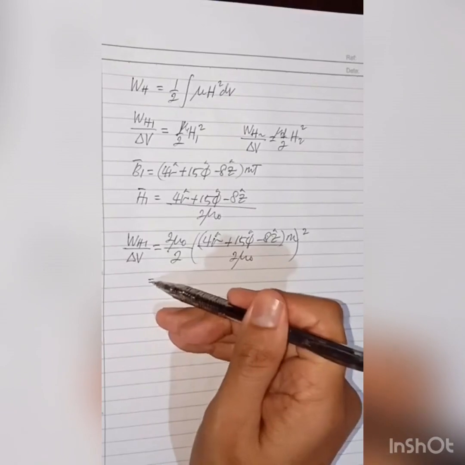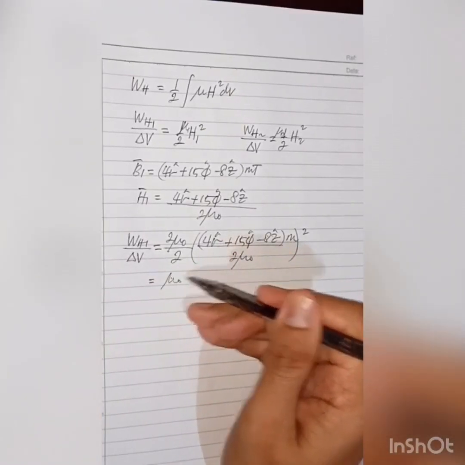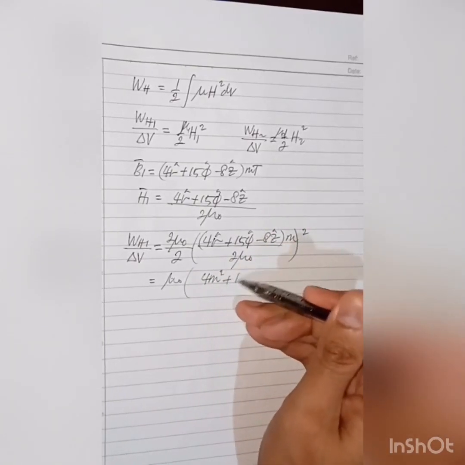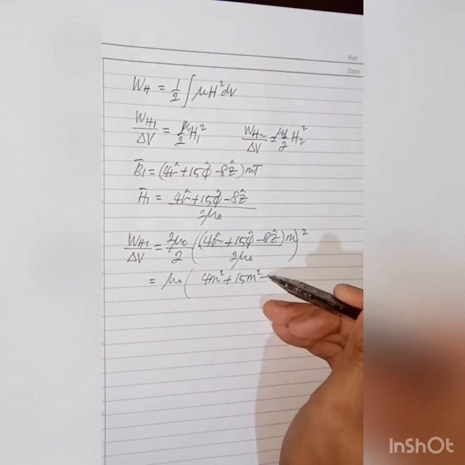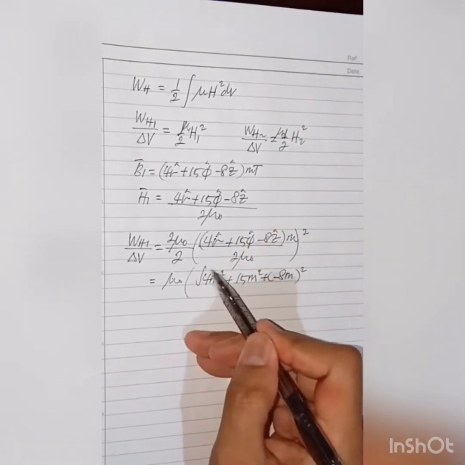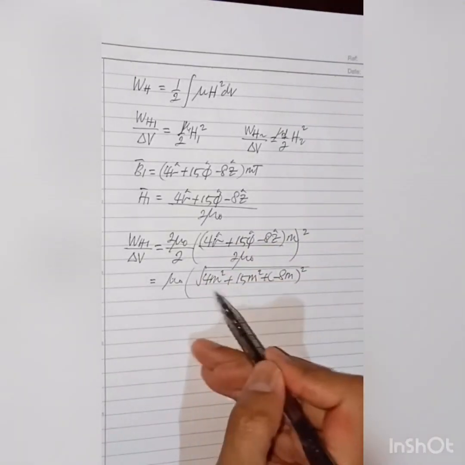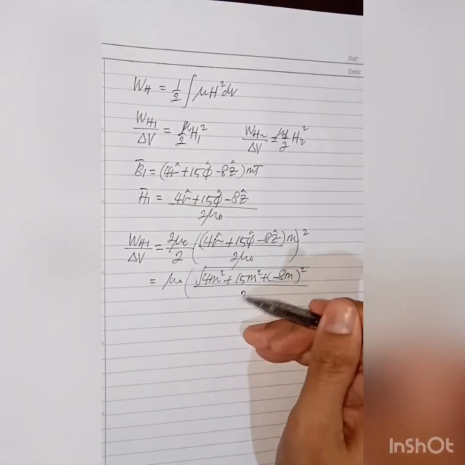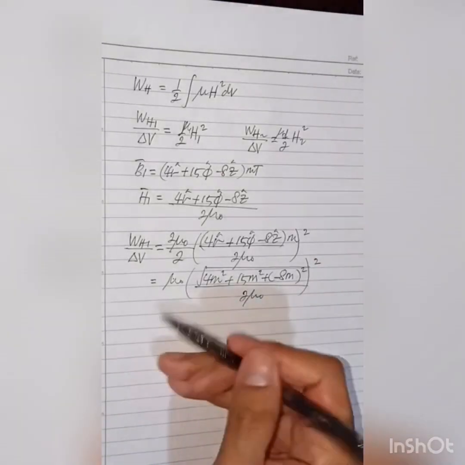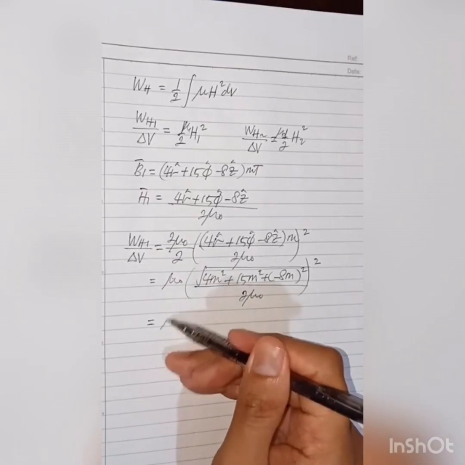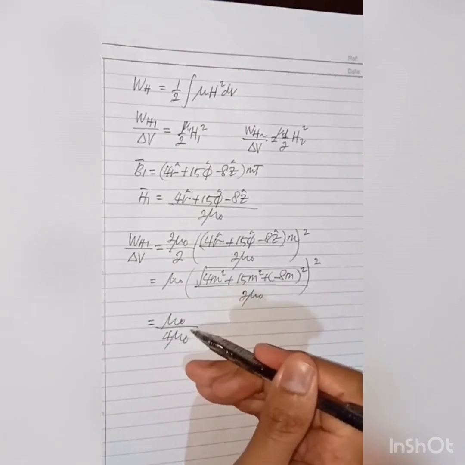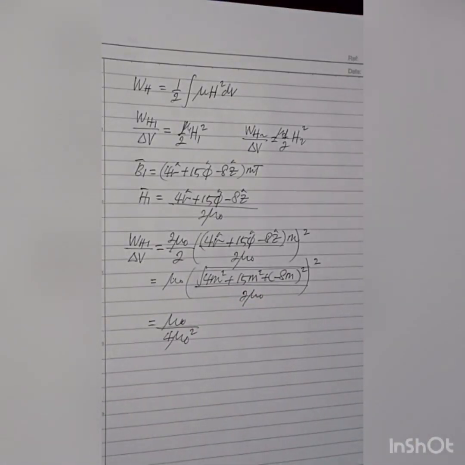Again here we have mu naught, and then 4 milli squared plus 15 milli squared plus minus 8 milli squared, and then we have square root to take the magnitude, right? And then over here 2 mu naught. Lastly we have to square all of them. So now we are going to have mu naught over 4 mu naught squared, right?